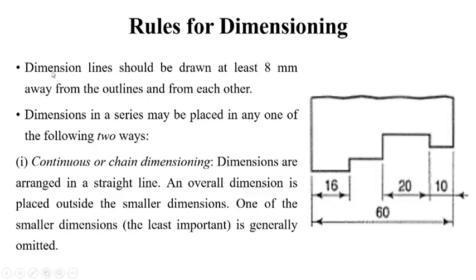Next, dimension lines should be drawn at least 8 mm away from the outline and from each other. So this is your dimension line and this is the outline. ये हम लोग का outline है. So outline and dimension line, between them you have to leave a gap, and that is equal to 8 mm.